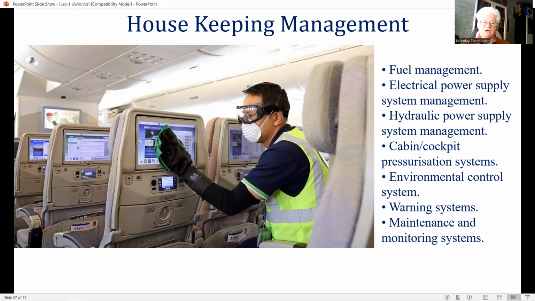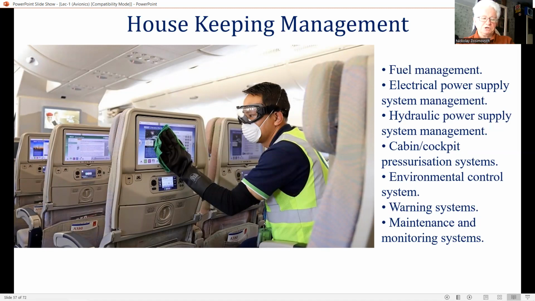This embraces fuel flow and fuel quantity measurement and control of fuel transfer from the appropriate fuel tank to minimize changes in the aircraft trim. Electrical power supply system management, hydraulic power supply system management, cabin or cockpit pressurization systems, environmental control systems, warning systems, maintenance and monitoring systems.